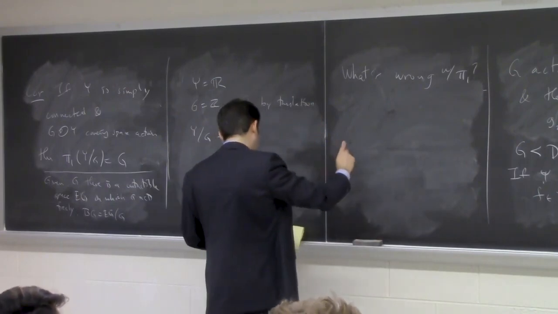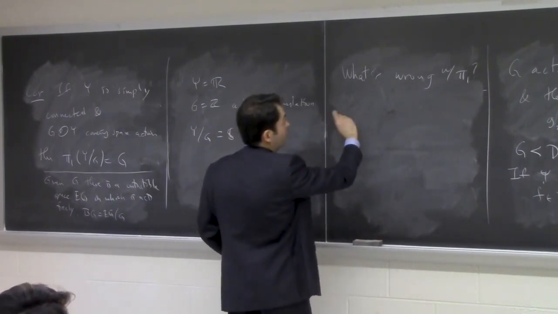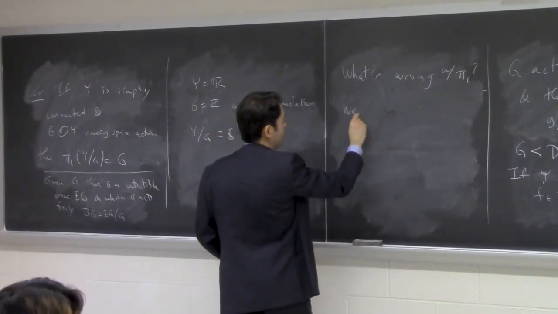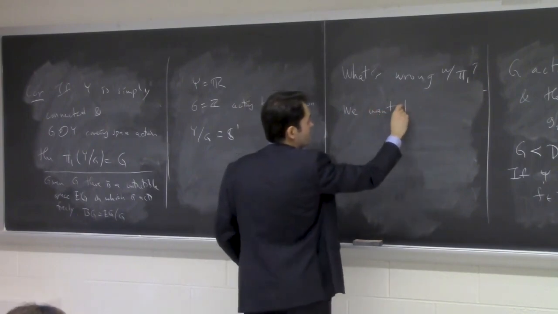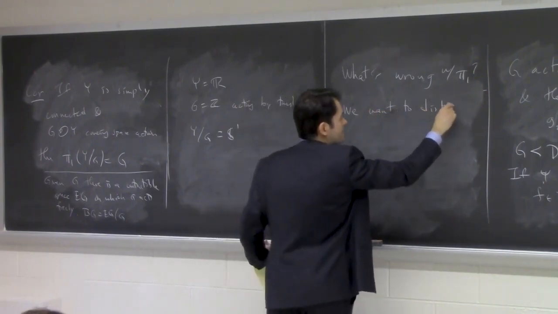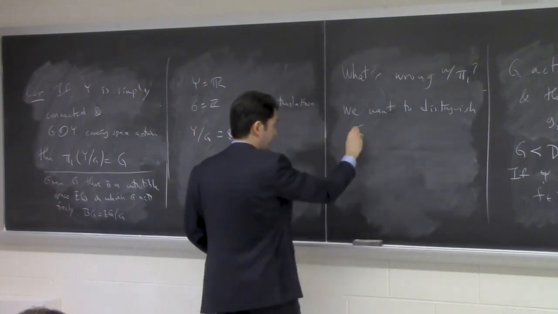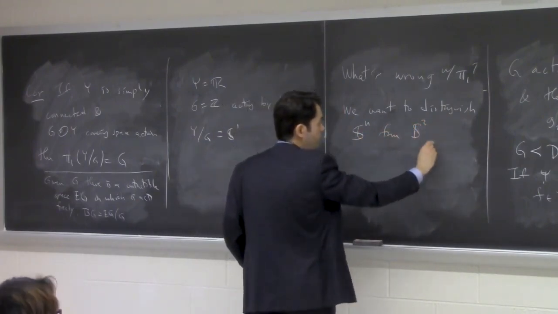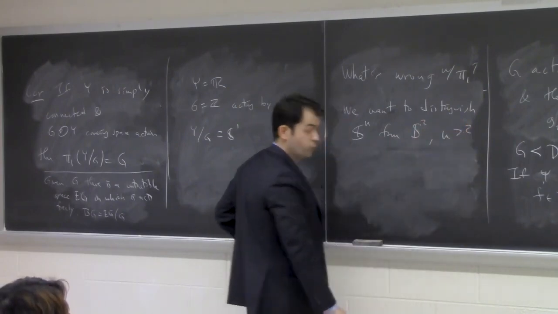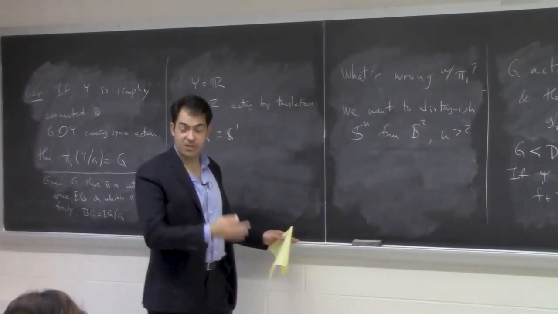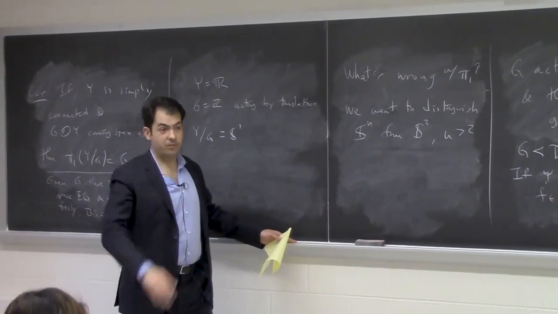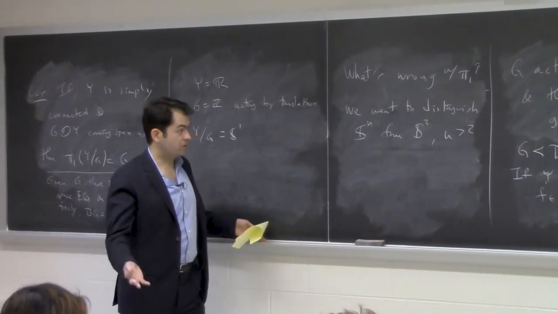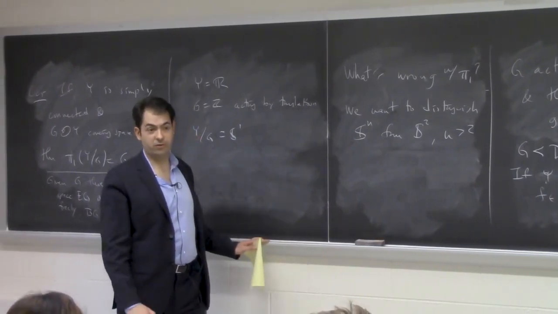But for example, we want to distinguish Sn from, say, S2 if n is greater than 2, right? Because at the moment we can distinguish S1, but all of the higher Sn's are simply connected. And so pi 1 doesn't notice any difference.